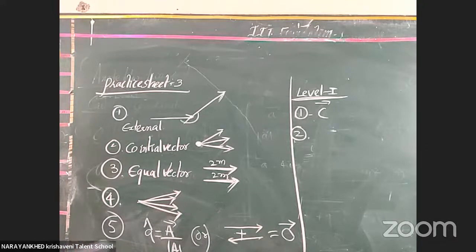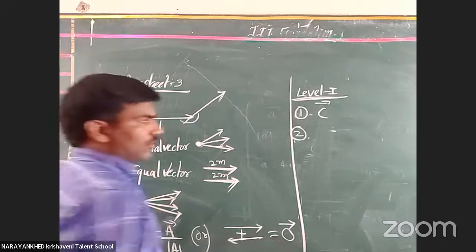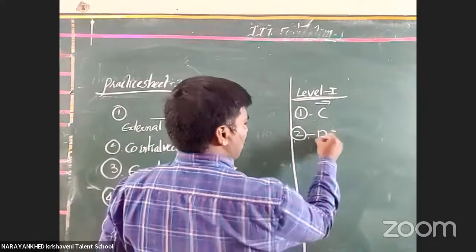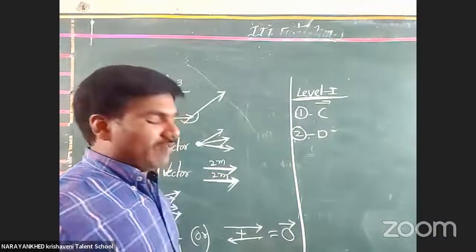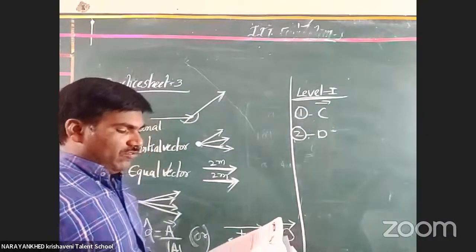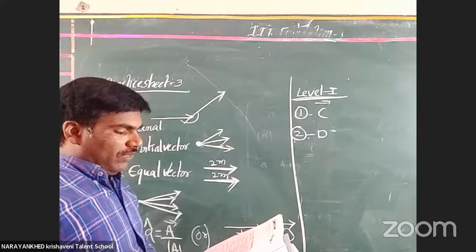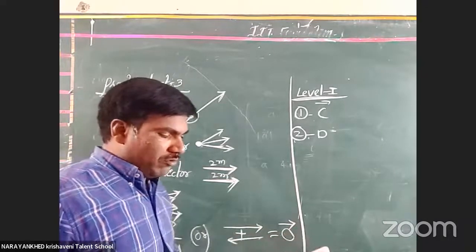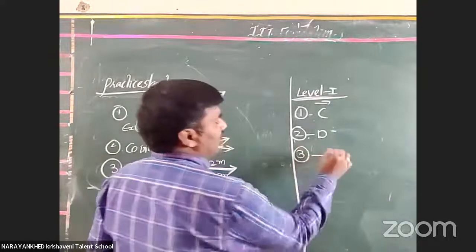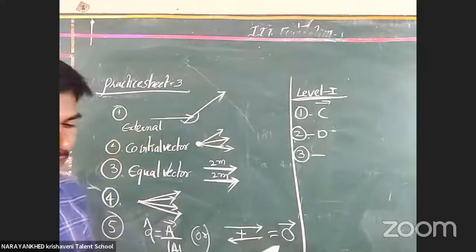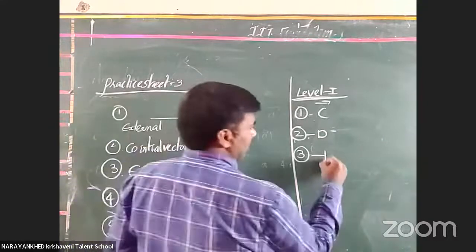It indicates not the direction, nor the magnitude, nor the angle, just the position only, along the x-axis, y-axis and z-axis. Next, a vector whose magnitude is 0 is called a null vector. The answer is D.